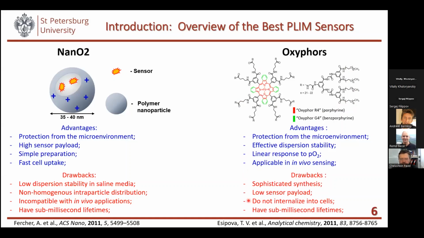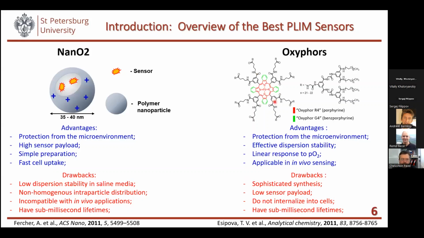And of course, in this case, we deal with sophisticated synthesis and low sensor payload, because these molecules can reach molecular masses up to 70 kilodaltons, and only one sensor copy per 70 kilodaltons is not a very good loading capacity.